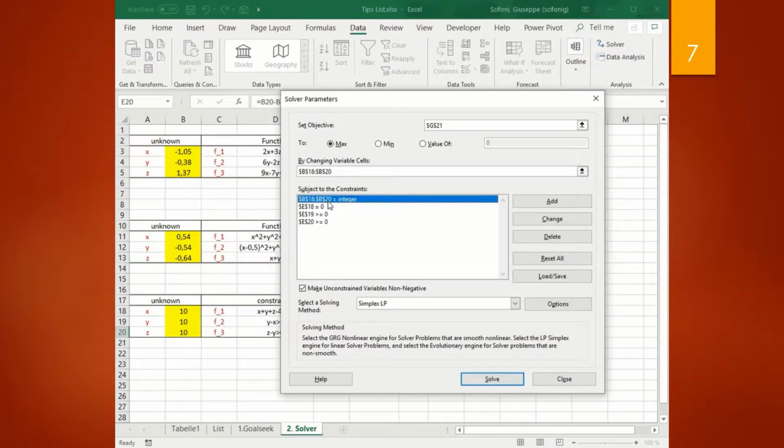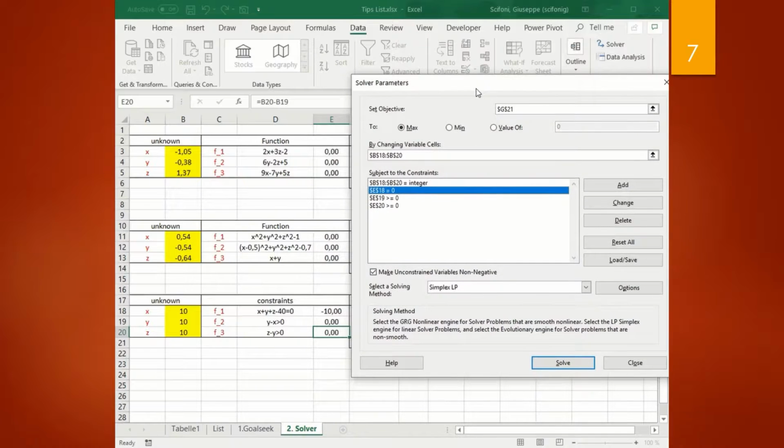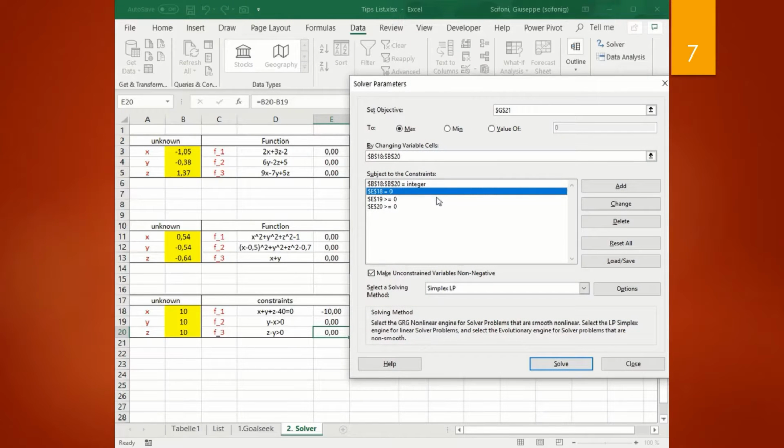So now we need to input a new constraint. And as for the other three constraints, the equation E18 equals 0, which is the first row here. Then the two inequalities, E19 greater or equal to 0 and E20 greater or equal to 0.